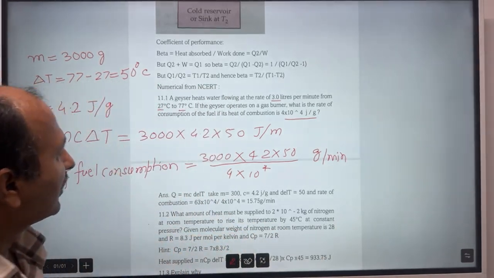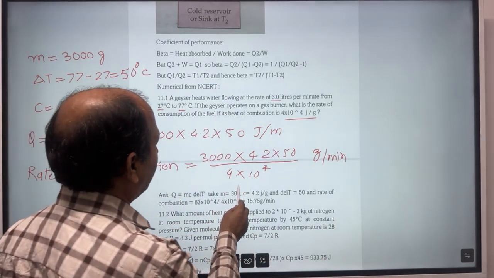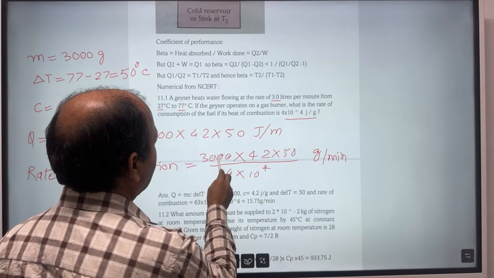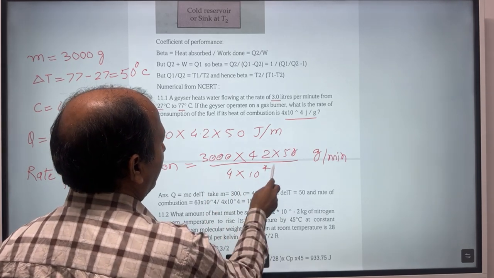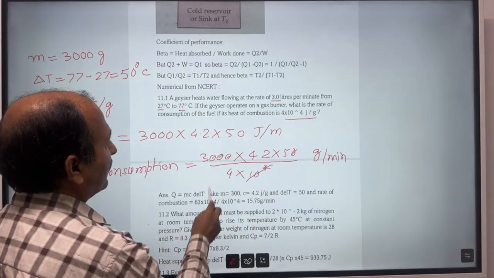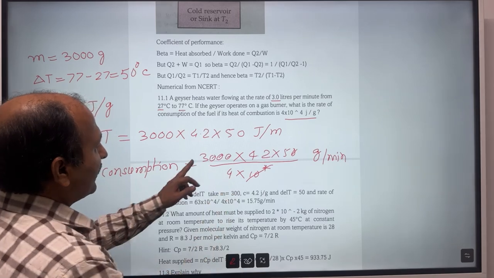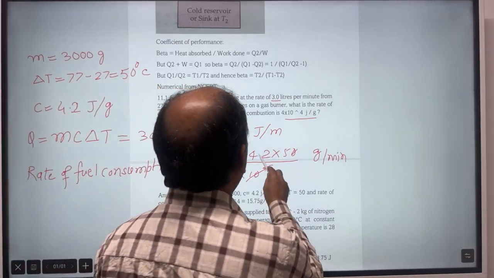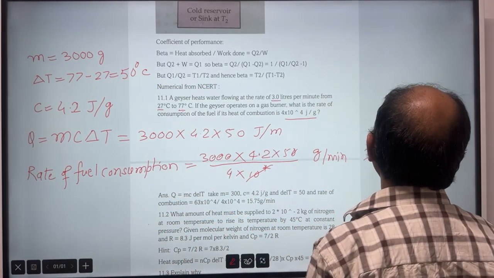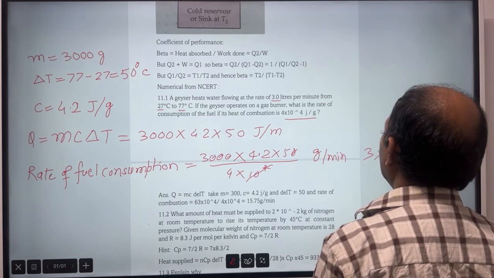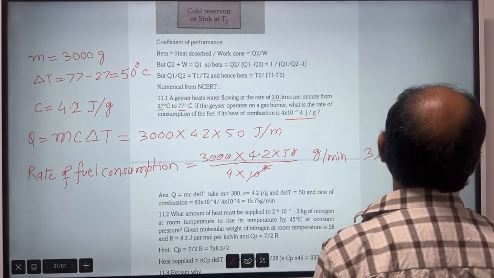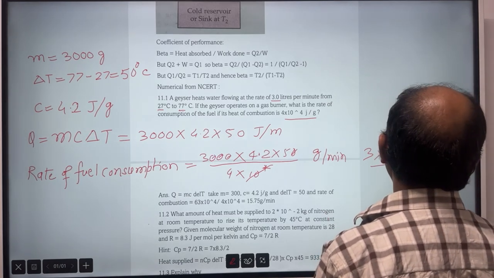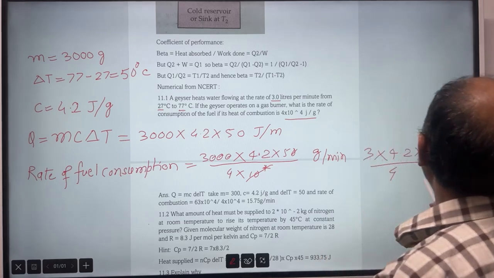So we can evaluate it. So zeros we can consider, 1 2 3 4 zeros will cancel out by this, so we will be left with 3 into 4.2 into 5 divided by 4, right? We can simplify.